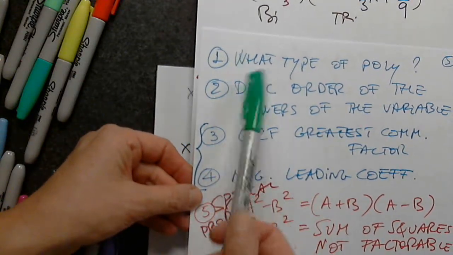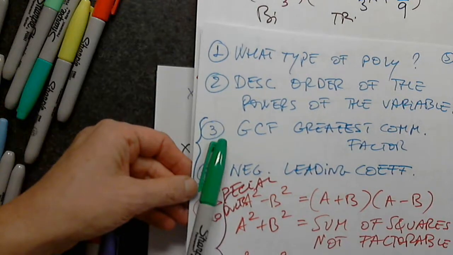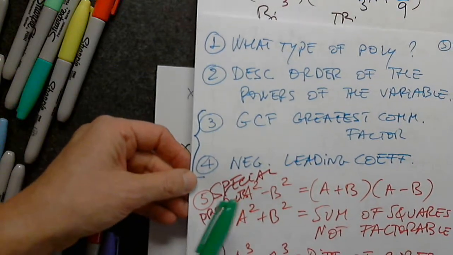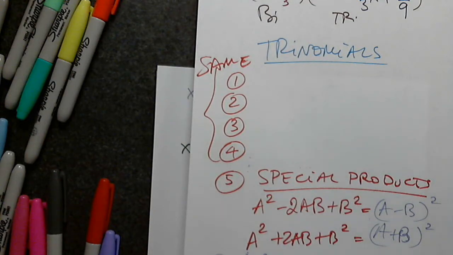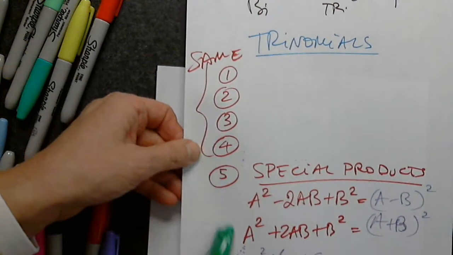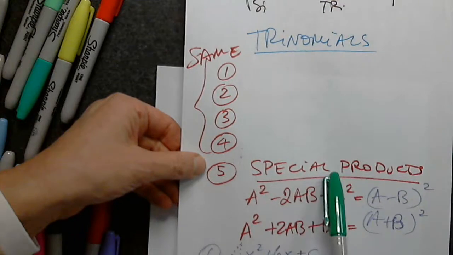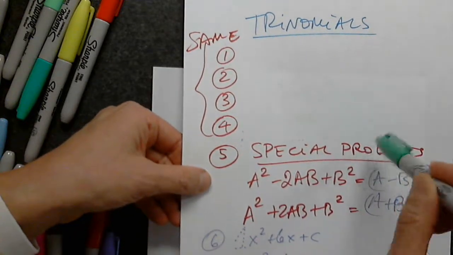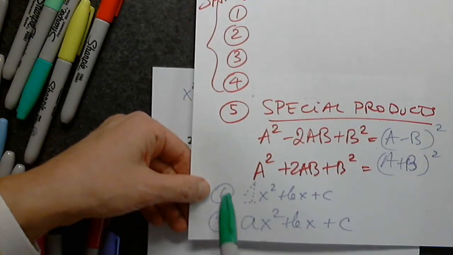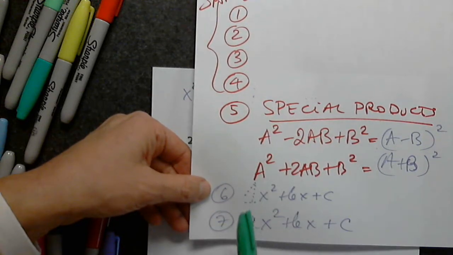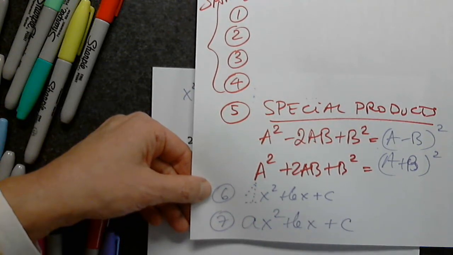This must be the first, this must be the second question, this must be the third. You can do these together, and this must be the last one for binomials. Again, for trinomials, do not skip any of the steps. I have to try the special product. If the special product doesn't work, then I will fit the polynomial in this category or this category. It's a very good question.